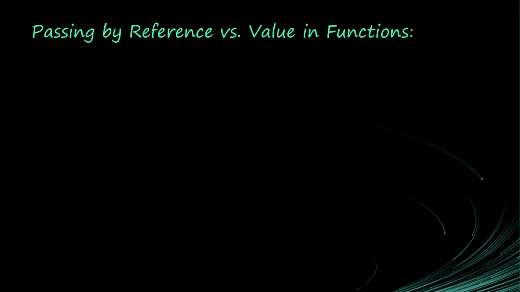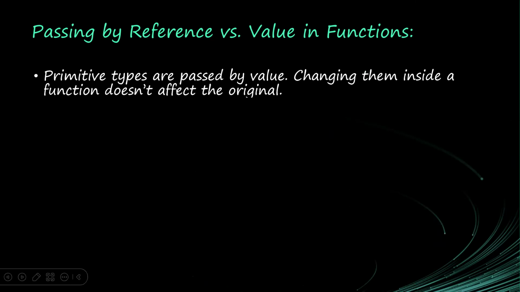So what does it mean to pass by reference and to pass by value in functions? Although we haven't talked about functions, let me still explain this. We'll still talk about it when we talk about functions. Primitive types are passed by value. What we mean is this: when you pass a primitive type as a function argument, you're passing a new copy.